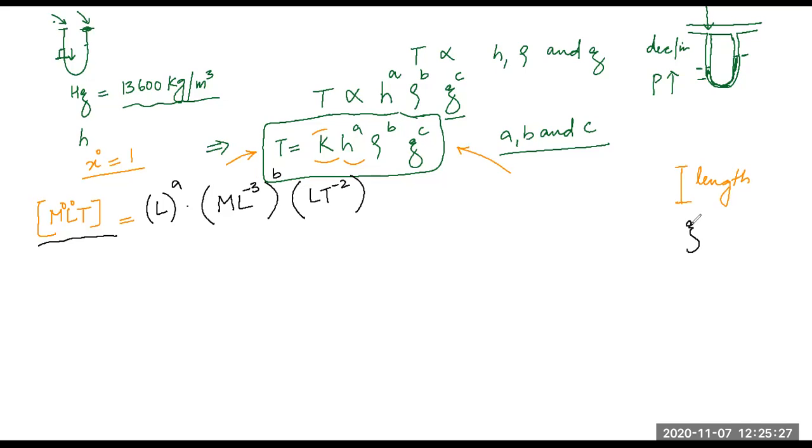G is acceleration due to gravity. Acceleration is meter per second square. Meter is length. L and T minus 2, right? Raised to power C. Ishma, next step.